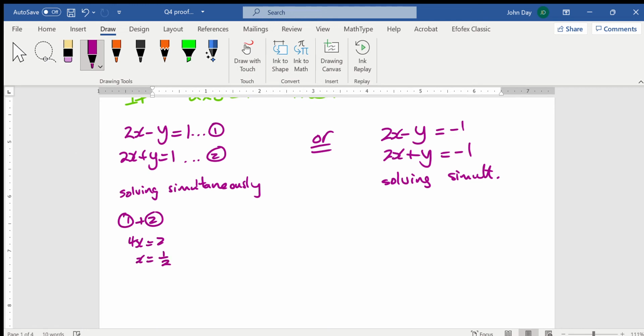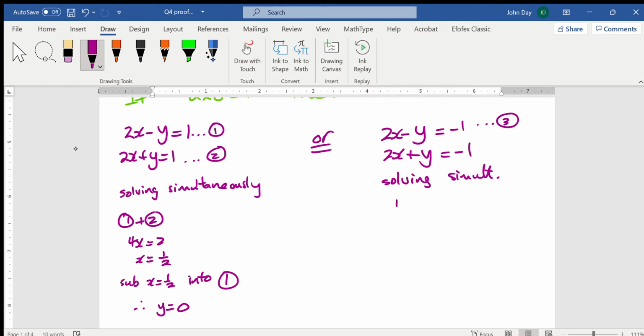Well, that's not an integer, so it's no good, but I'll just find y anyway. So I'll sub x equals a half into 1. So therefore y equals 0. So that's that solution.